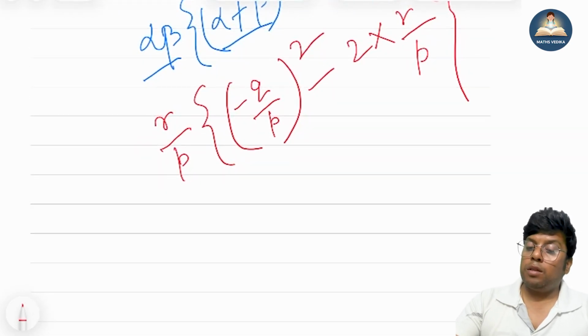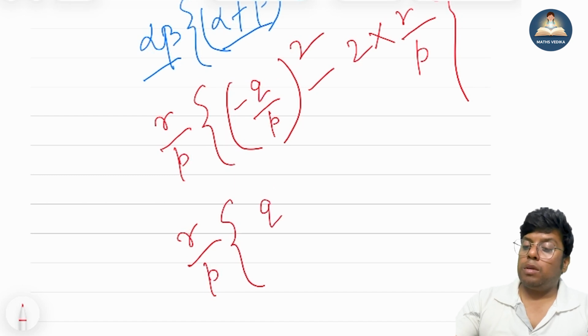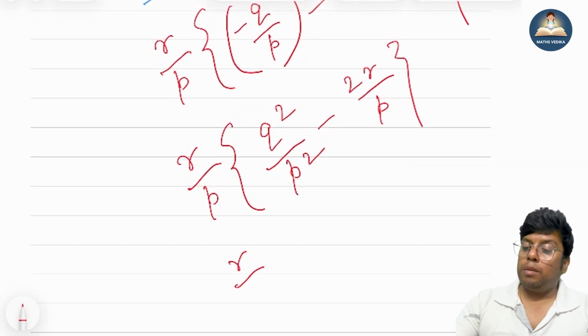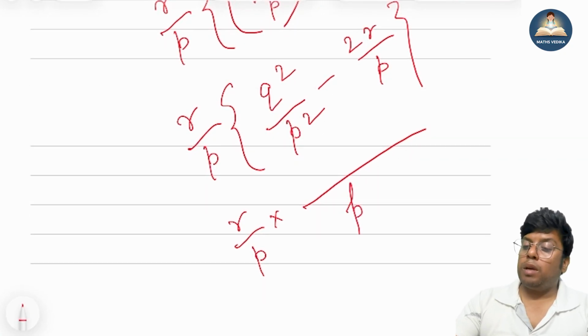Okay, so we'll have r by p into q square by p square minus 2r by p. Okay, r by p into, LCM will be p square, this will be q square minus 2rp.